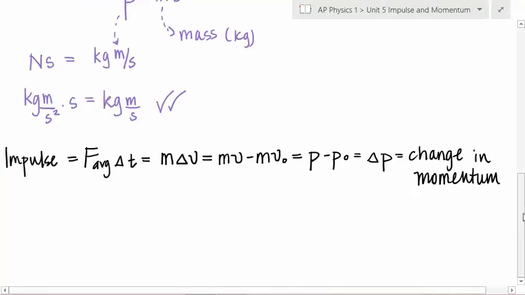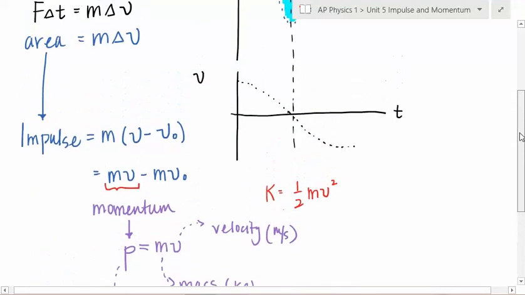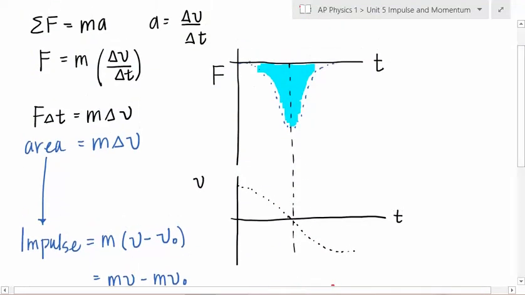Let's look at why I put that little subscript average. I'm going to go back up here. And this was like your force graph. Now, if you needed to find the area under this and you didn't have the exact force values, or it was this funny shape, if you had the average force, so I'm going to use another color here.